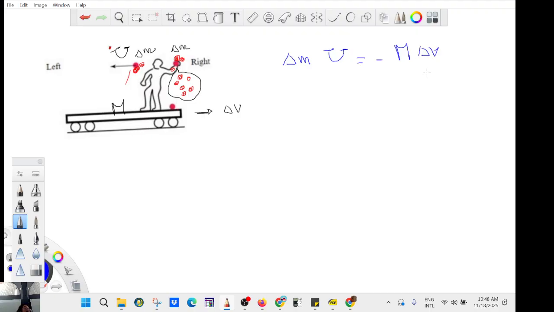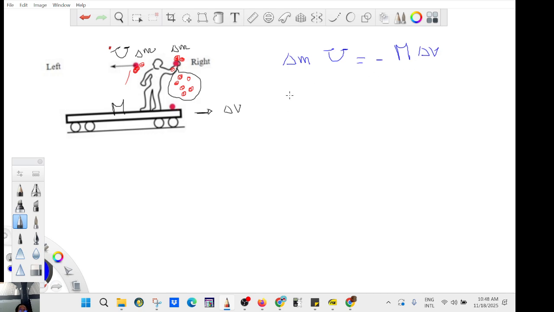Are you with me? It's like Mowgli. Remember, delta P1 equals delta P2? It's a consequence of Newton's third law. For every action you have a reaction, opposite, same magnitude. So the change in momentum when two things interact will always be the same.